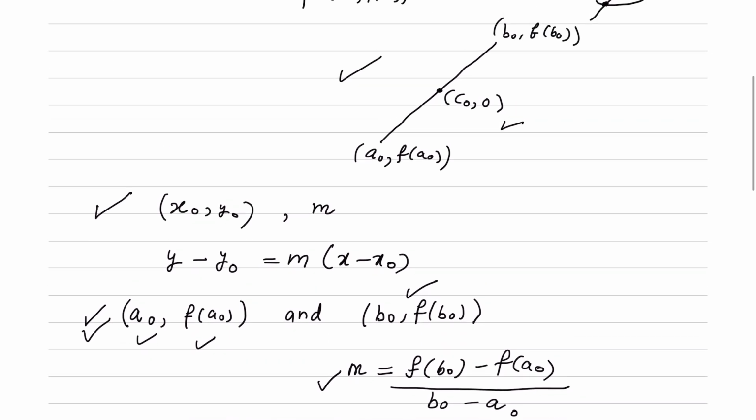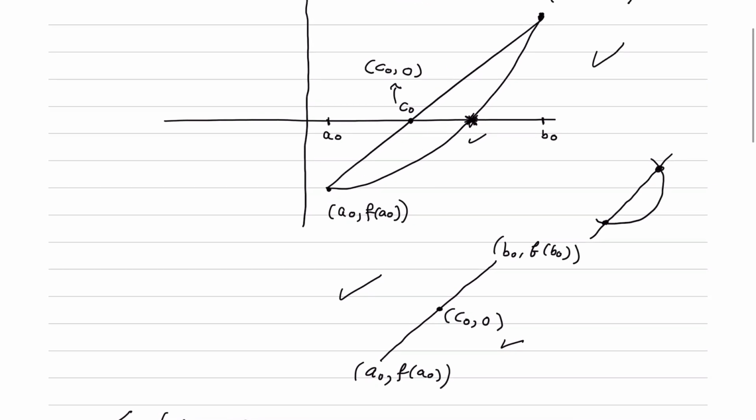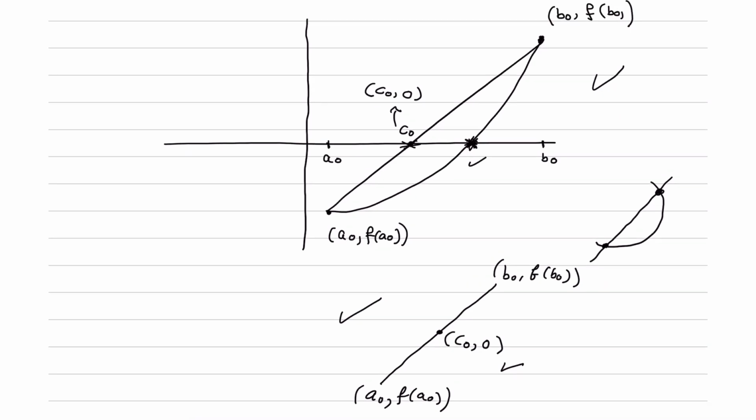Let's look at the picture again. So here you have the first false point by joining the 2 points a naught, f of a naught and b naught, f of b naught by a straight line. Now your main interval a naught b naught is divided into 2 parts.